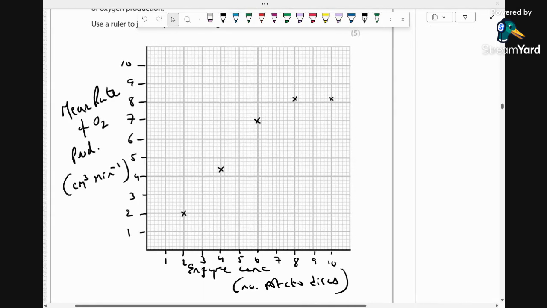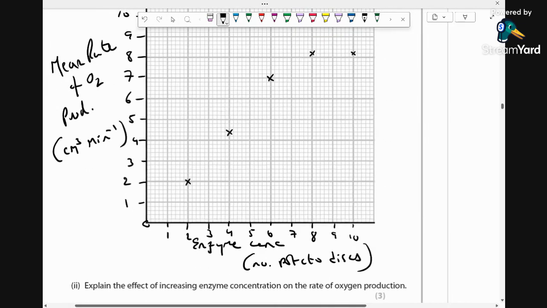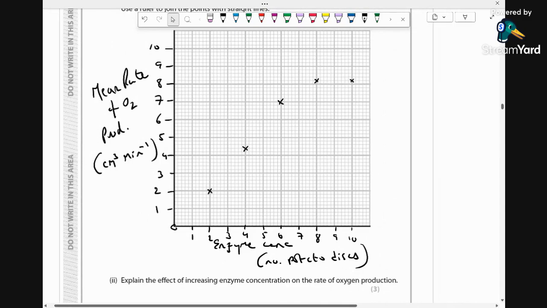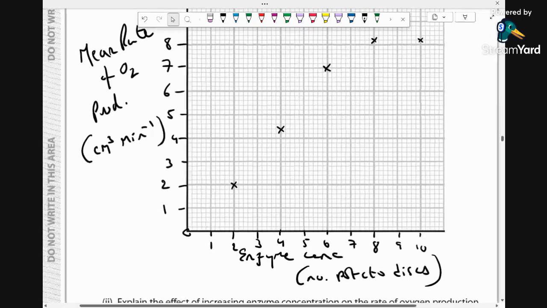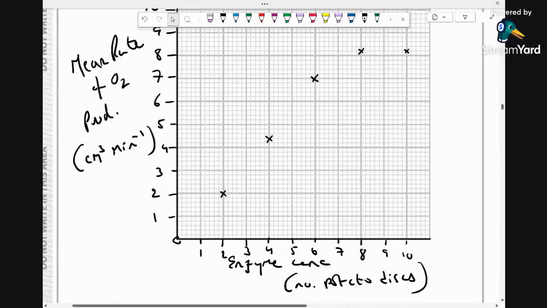Do you go through the origin at 0? The answer is, well, yes, because if you have no enzyme, then we can assume that the rate would be 0. It's an enzyme catalyzed reaction, so it wouldn't happen. So you can absolutely go through the origin.